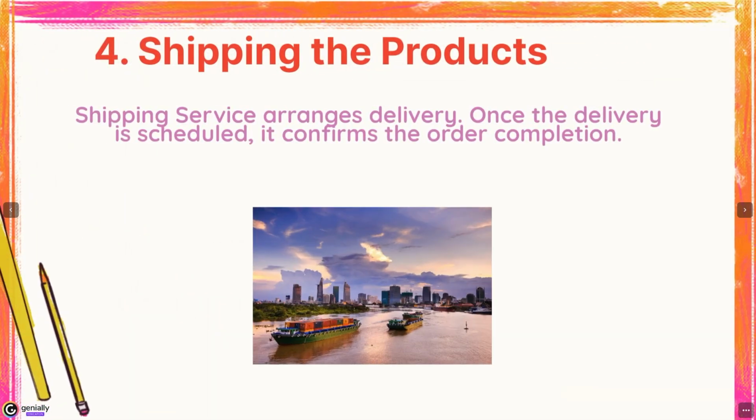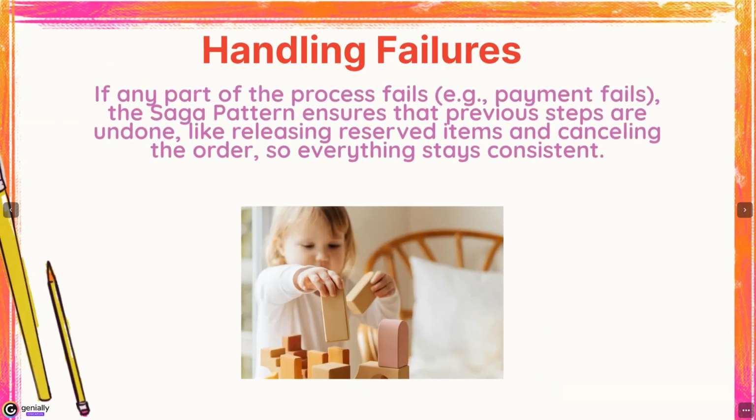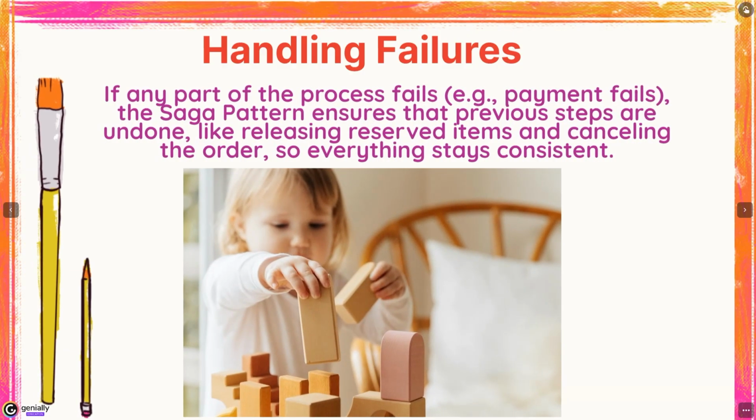Next one is shipping the product. The shipping service arranges delivery. Once the delivery is scheduled, it confirms the order completion. So, how do we handle failures?